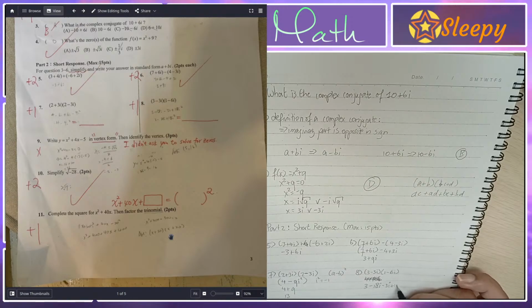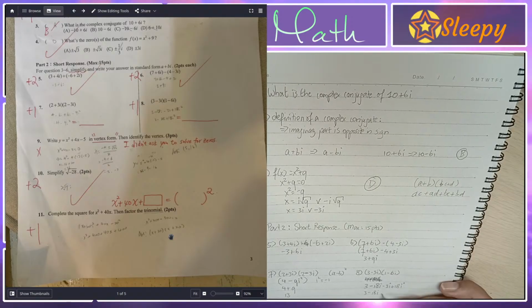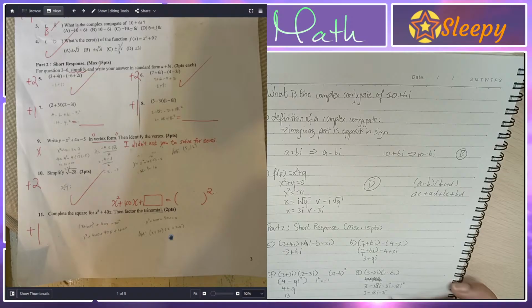Okay, so i squared is minus 1. So this is 3 minus 18i minus 3i minus 18. Okay, now simplify.